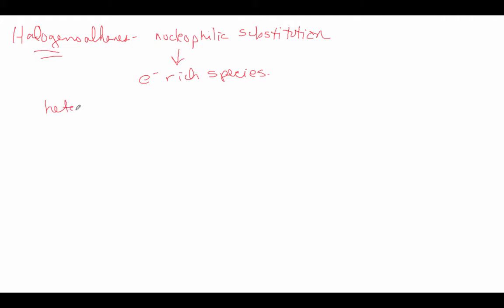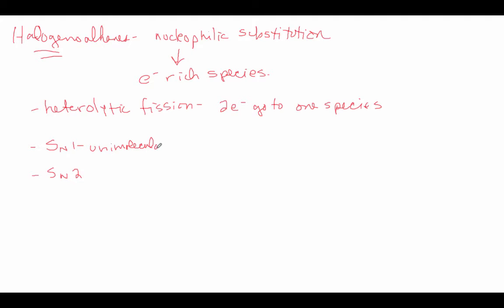These undergo heterolytic fission, and this is where the two electrons go to one species. We have to know about the Sn1 mechanism and the Sn2. Sn1 is unimolecular and has more to do with the kinetics, so the rate is only dependent on the halogenoalkane.